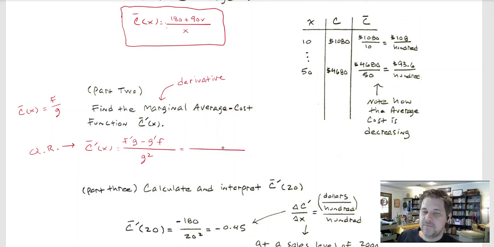What that's going to be for this, okay, f prime, the derivative of 180 plus 90x, that will be just 90. G, that's just x, minus g prime, the derivative of x is 1, times f, which is 180 plus 90x.